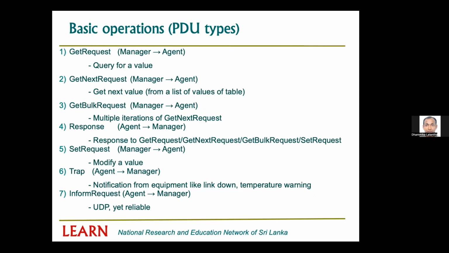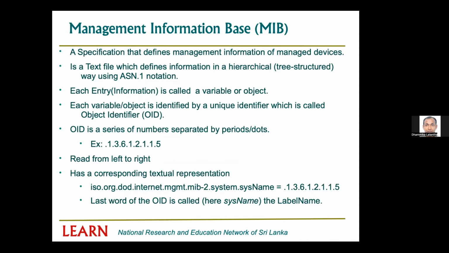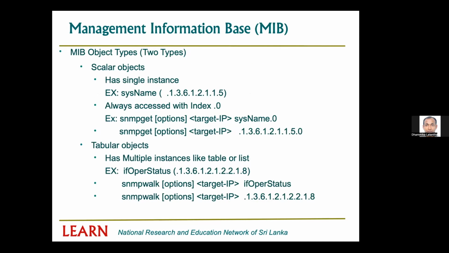It is actually an implementation of the get bulk request, because the SNMP walk command gets multiple values of a tabular object. As I said, there are two types of object. One is a scalar object, which has a single instance, and the other is a tabular object. It has a table or list of values.